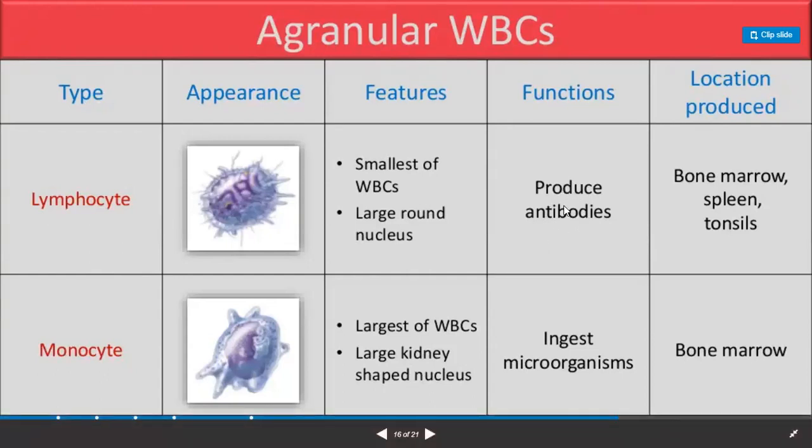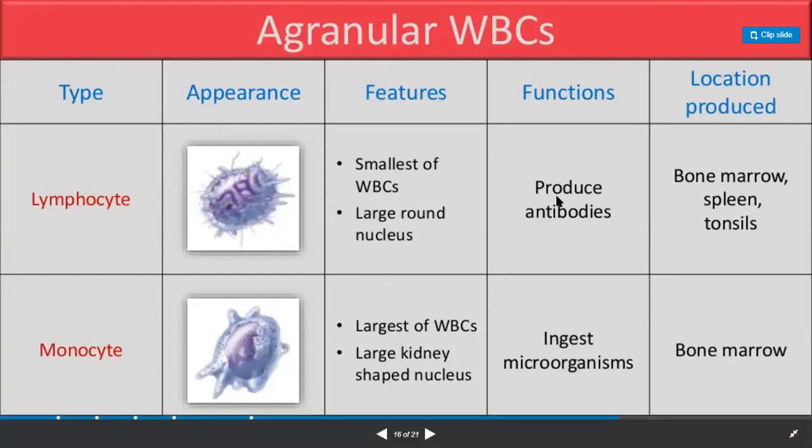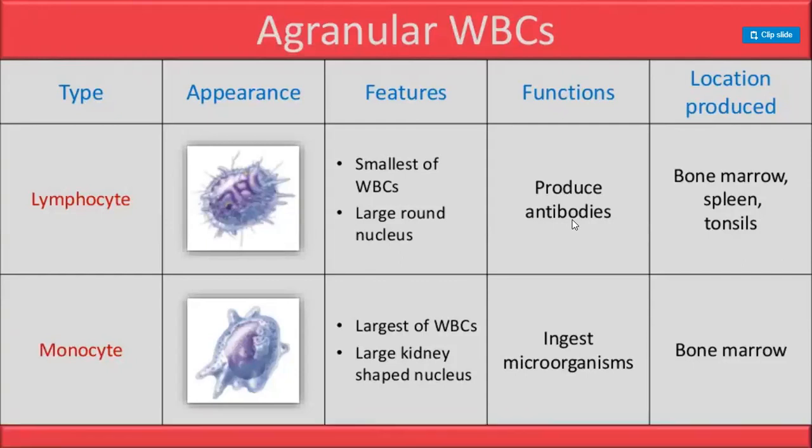But for that to happen, they also need the help of helper T lymphocytes to stimulate the conversion of the B lymphocytes into antibodies. And then the suppressor T and the killer T fight directly to destroy viruses and other invading microorganisms.